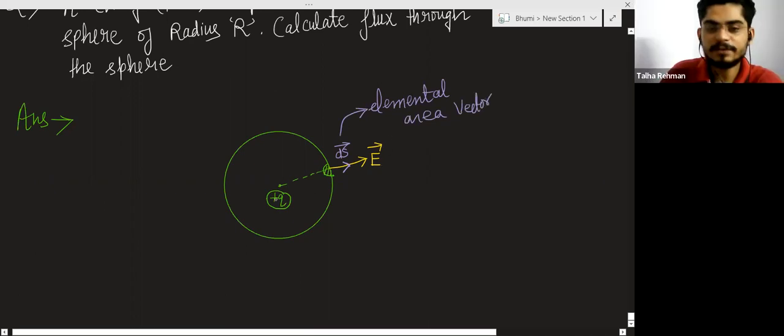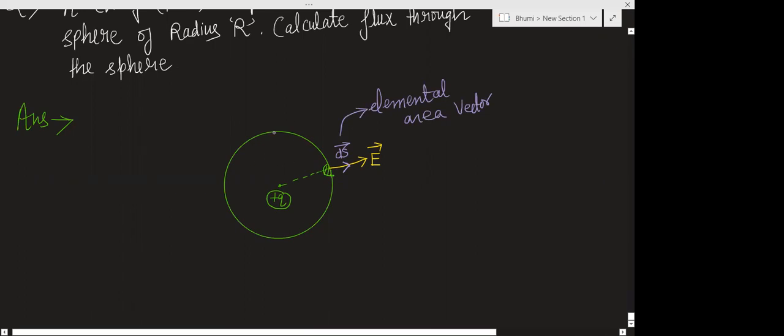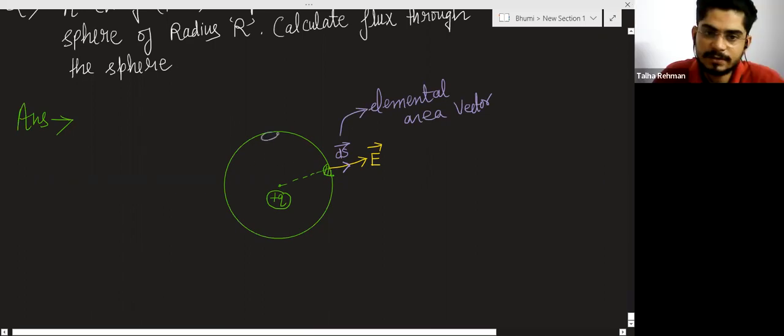And see here, the electric field will not be constant at all the points if you take the area here. The direction of electric field is changing at every point.